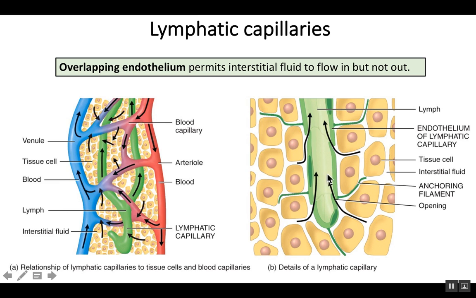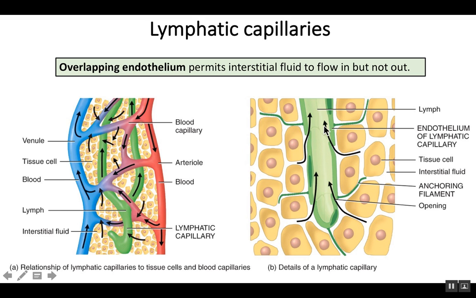Then this pressure builds up in the capillary and helps drive the lymph flow. There's no pump to your lymphatics, so it's a very, very low pressure system. So it requires valves. There's going to be a lot of valves in your lymphatic vessels, and it requires that this fluid can only enter and not leave the lymphatics.